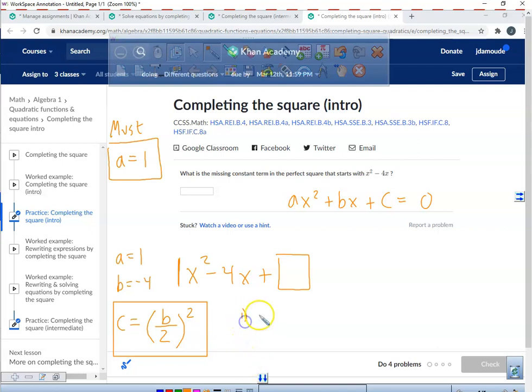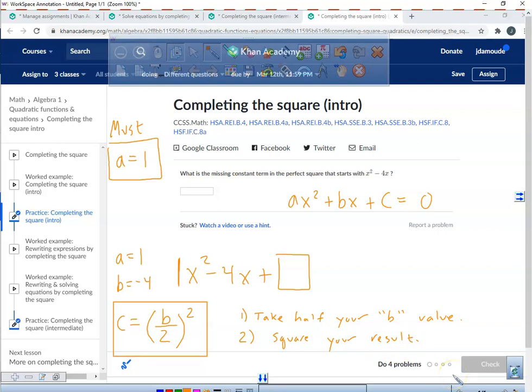In words, here's what you would do. Step 1, just write this down. Take half your b value. Step 1, whatever your b value is, take half of it. Step 2, square your result.